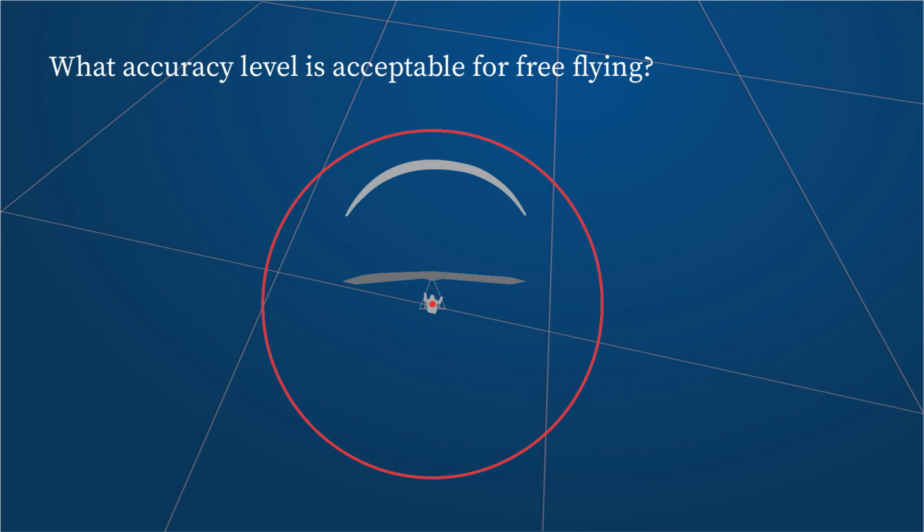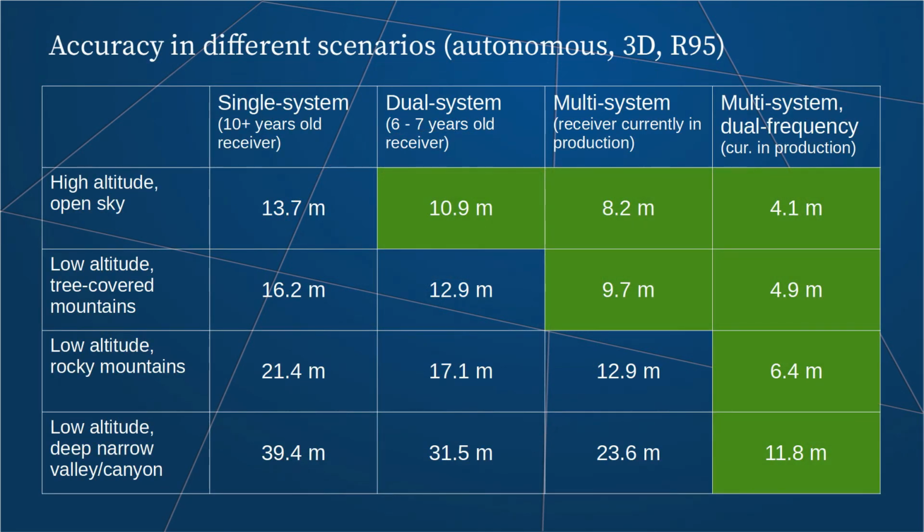And if we go back to the table, we can see that in these scenarios, the accuracy of those types of instruments is okay, and in this one it is not okay. It's not enough. Only the multi-system and dual frequency receiver covers all the cases, all the scenarios we can be in competition flying.